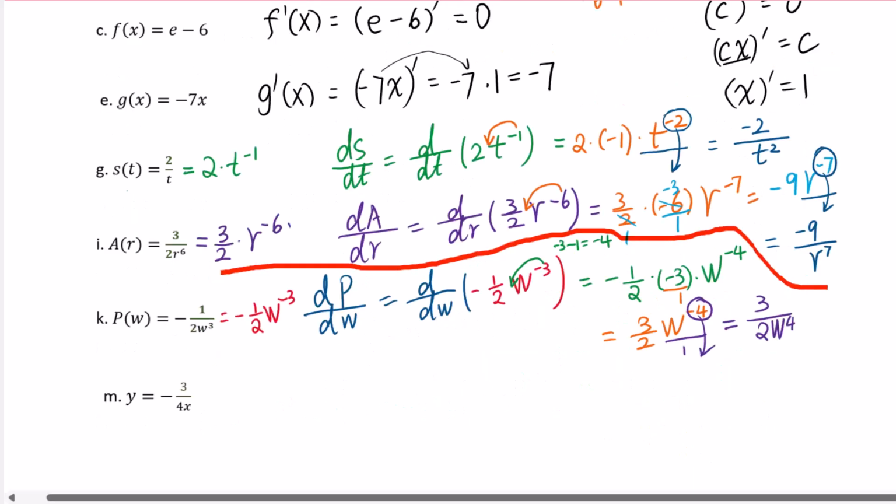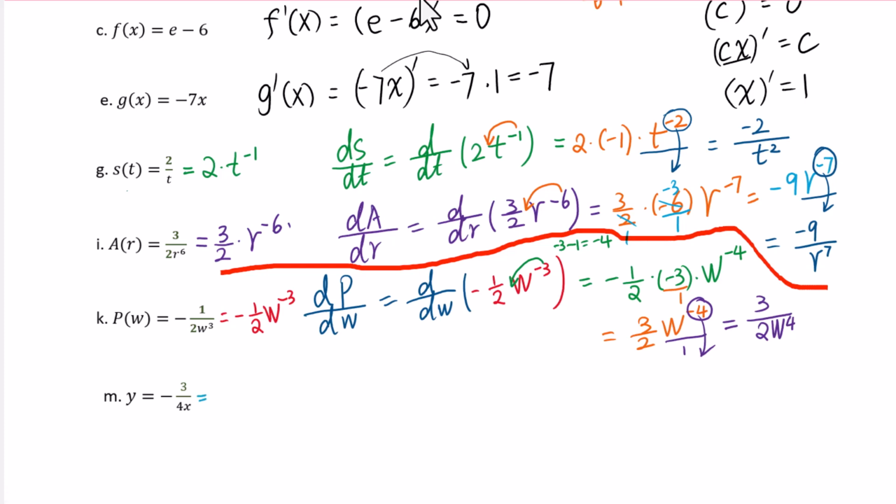Let's go to m, y equals negative 3 over 4x. Change this into single power form, negative 3 over 4 x to the negative first power.